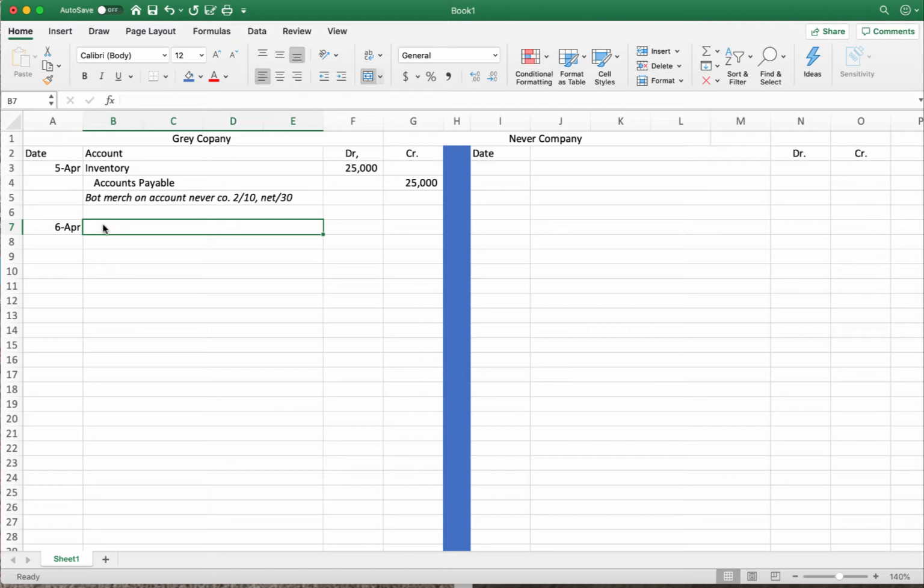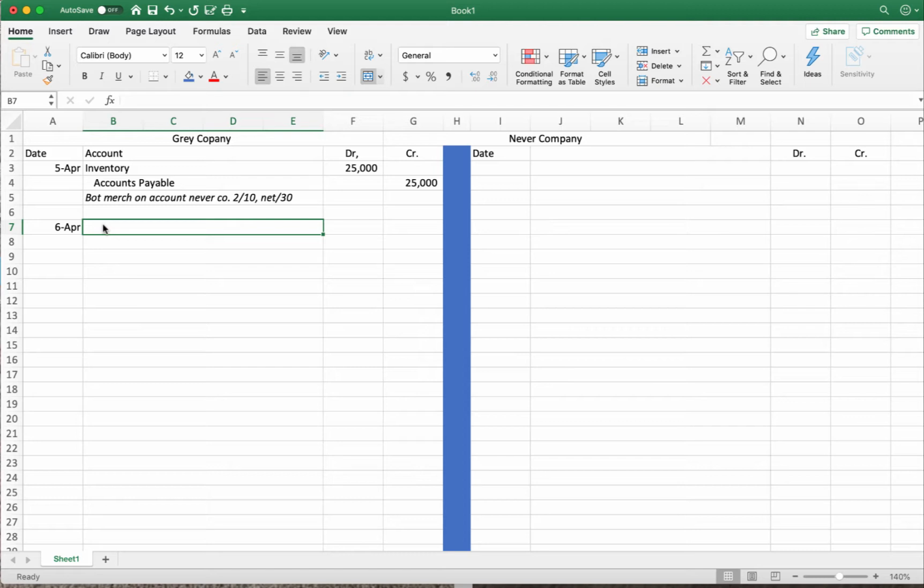Okay? I'll say that again. Our inventory cost increases by the amount of shipping costs that we have to pay or any cost we incur to get that inventory ready to be sold.